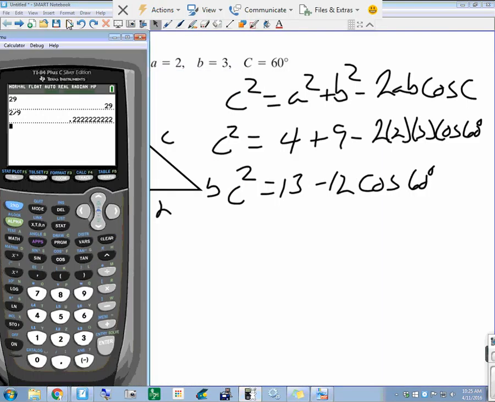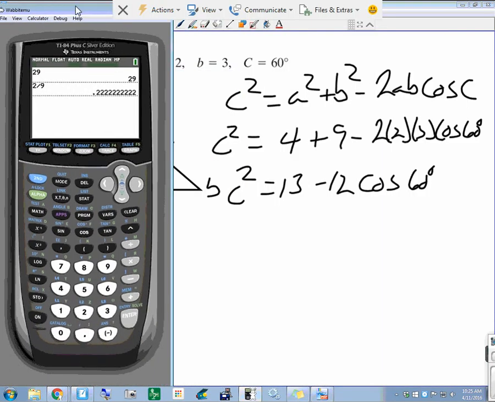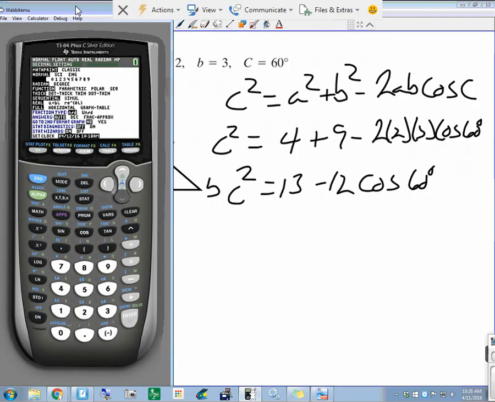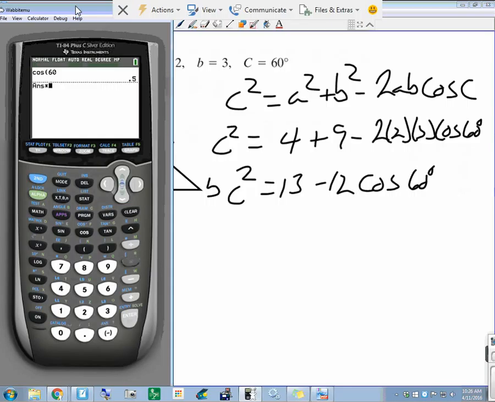Clear it out. Make sure that I am in degrees. Otherwise, we're going to have a very bad situation. So I've got cosine 60 multiplied by 12. So really it's 13 minus 6, right?